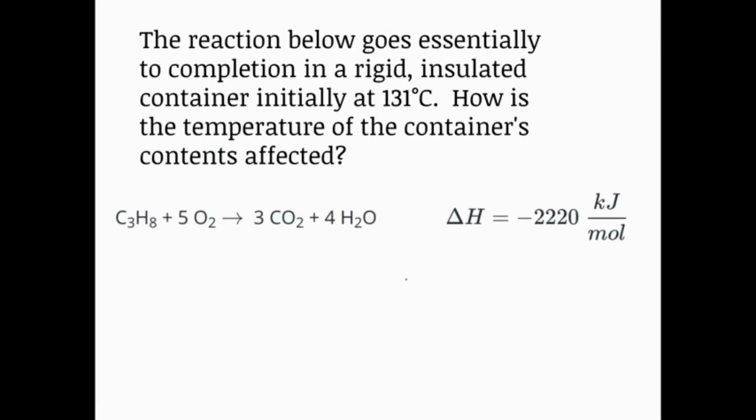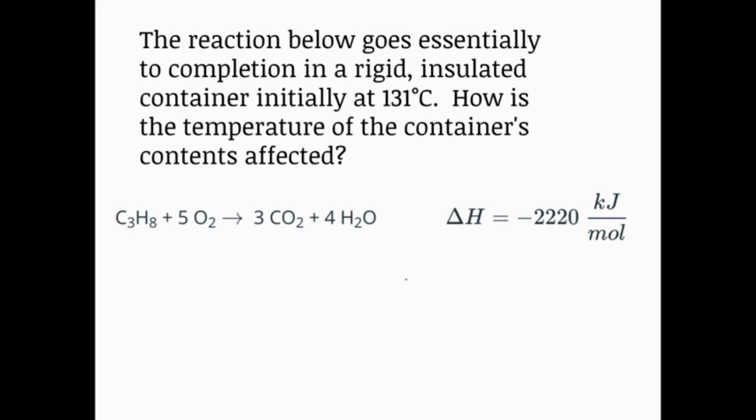Now here's another question. It says the reaction below goes essentially to completion in a rigid insulated container, initially at 131 degrees Celsius. So now we want to see how the temperature of the container, its contents, is affected.